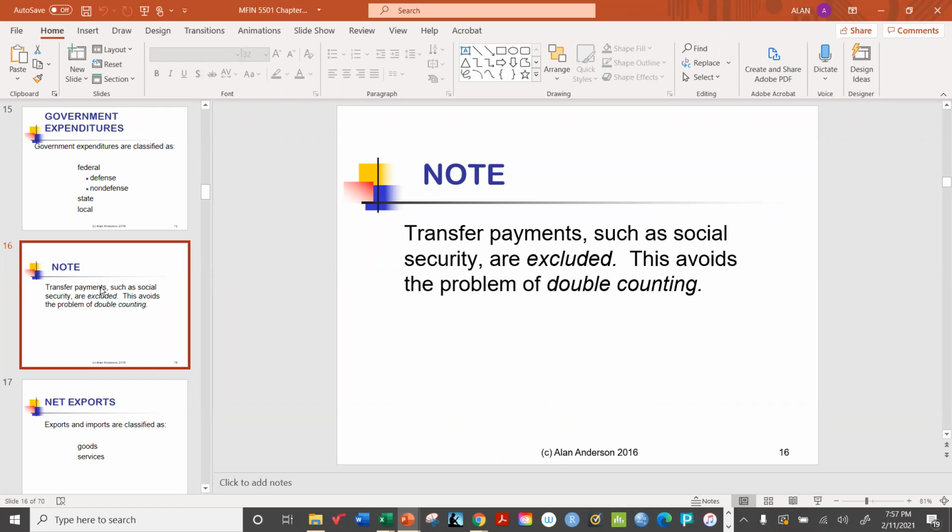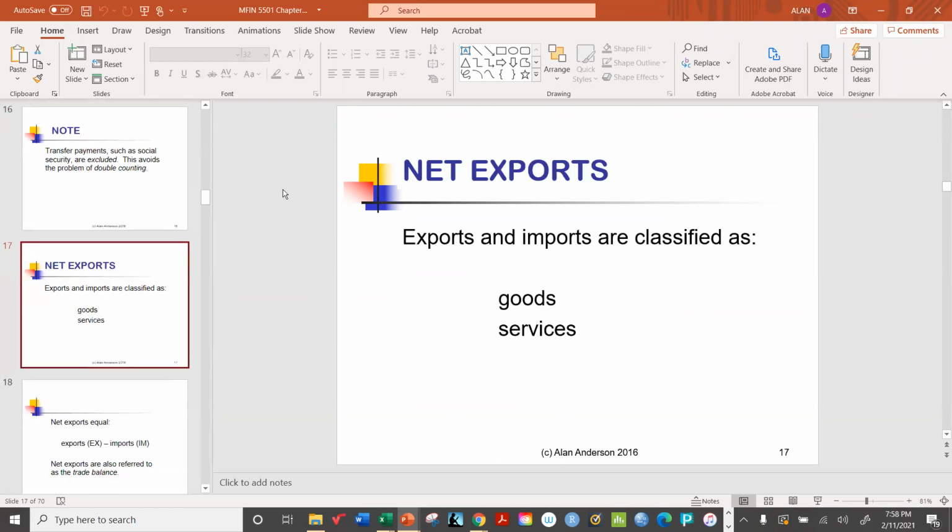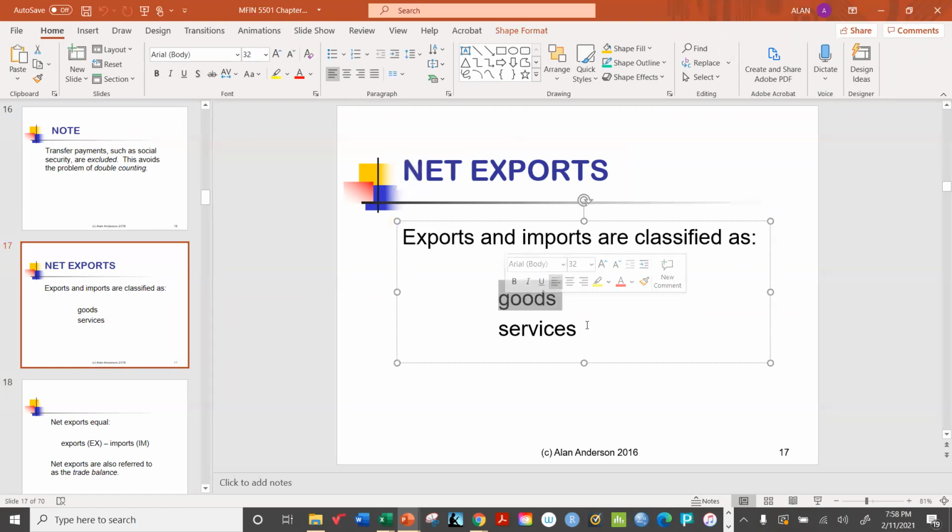All right, now here's the last category, and this is the one we're going to spend a lot of time with in this course, because we're looking at international finance, and that would be net exports. Now, it says here net, which means we're subtracting something from something else. We'll see what that is in a second, but first of all, both imports and exports can be classified as goods and services.